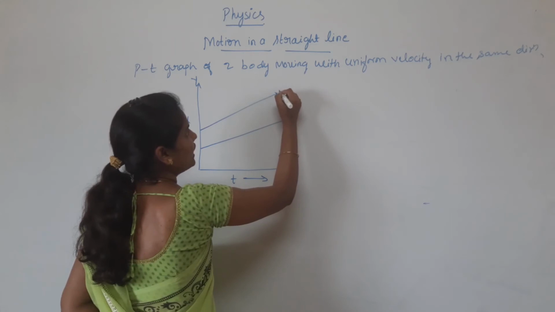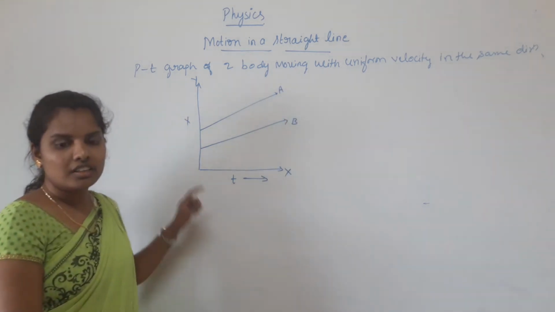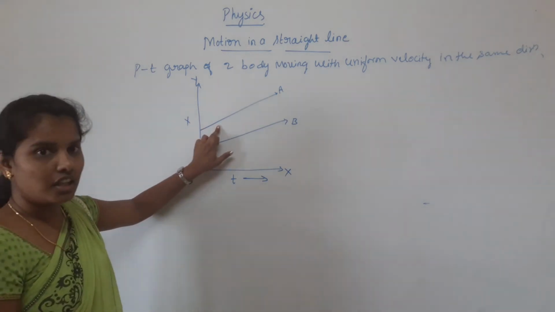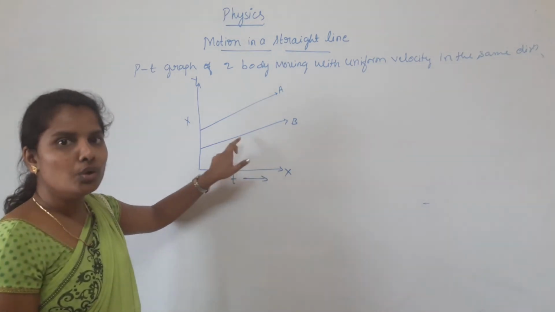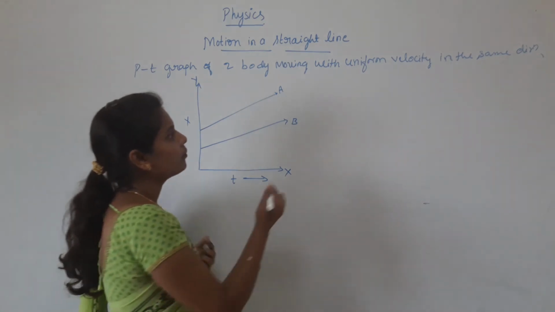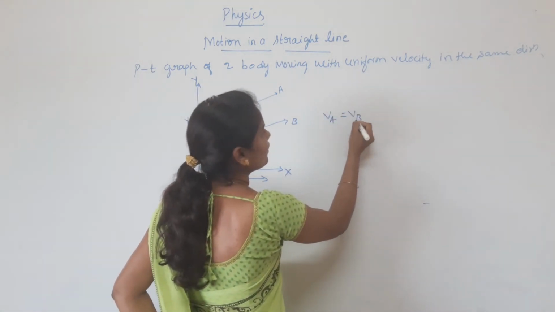This is body A, this is body B. This graph tells us that body B is moving behind body A, and here VA equals VB.